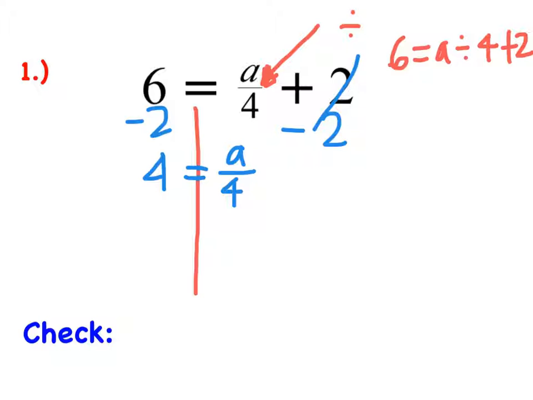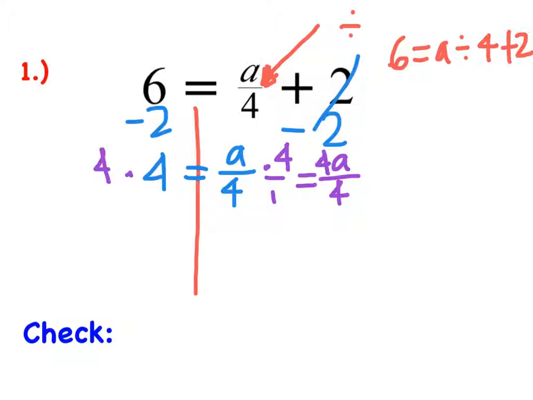The next step is the opposite of division is multiplication. So we're going to multiply both sides by 4. Okay? Now if I multiply this straight across, I get a times 4, or 4a, over 4 times 1, which is 4. So I get 4a divided by 4.